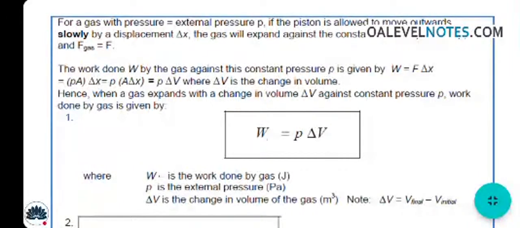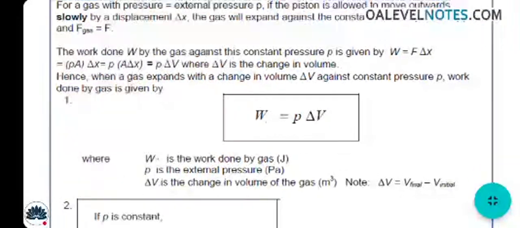Hence, when a gas expands with a change in volume, delta V, against constant pressure P, work done by the gas is given by W is equal to P delta V, where W is work done in joules, P is external pressure in pascals, and delta V is the change in volume of the gas in cubic meters. And yes, final minus initial is equal to change in volume. That is understandable.